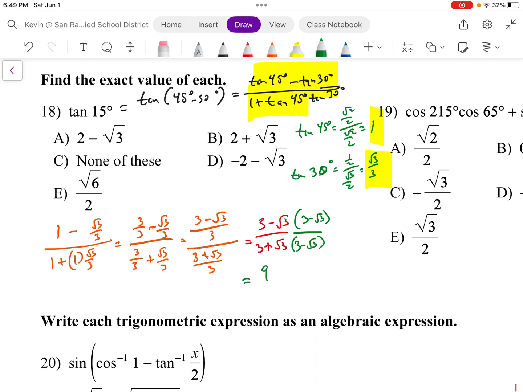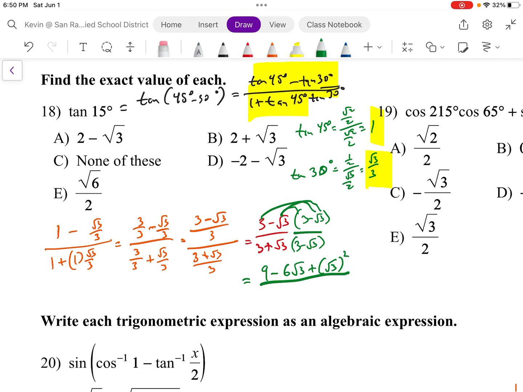Negative 3 times negative square root 3 times 3 is negative 3 square root 3. Same thing. So if I go here and I go here, this gives me negative 6 square root 3. And then the last one I do is negative square root 3 times negative square root 3, which is going to be positive square root of 3 squared. Okay, so that's the top part. We just combined that, did FOIL.